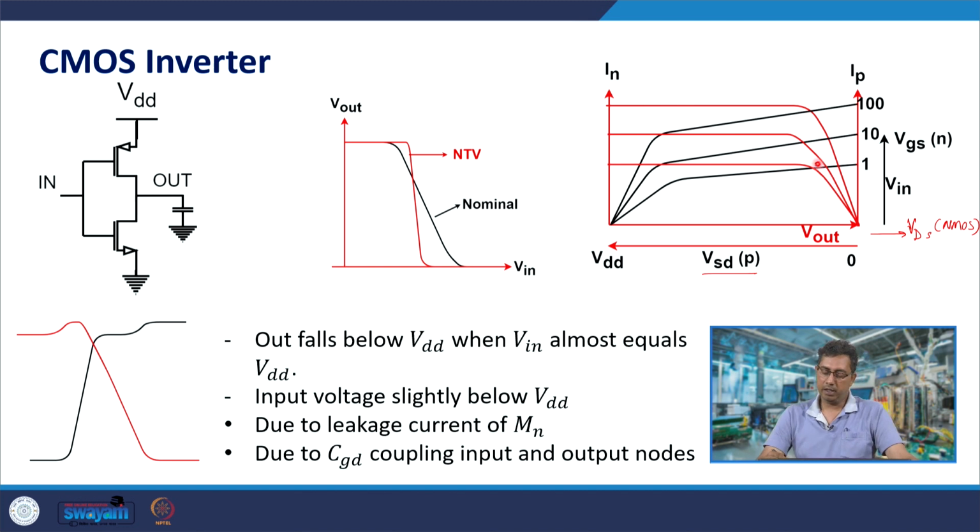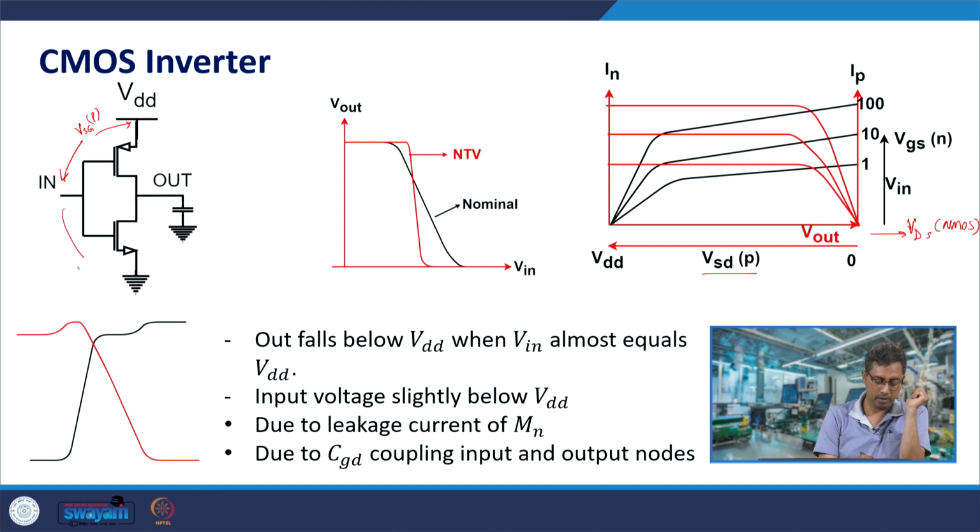Here, this is the current which can flow from the P MOSFET to the N MOSFET. At this value of output voltage, there is a certain V in, which sets VGS of the N MOSFET and VSG of the P MOSFET.